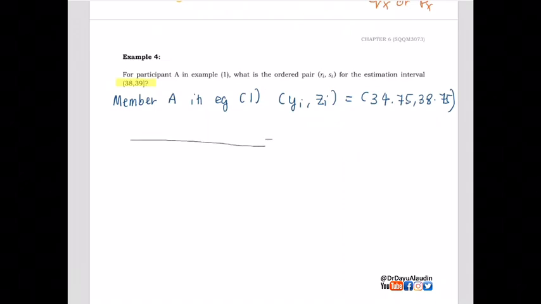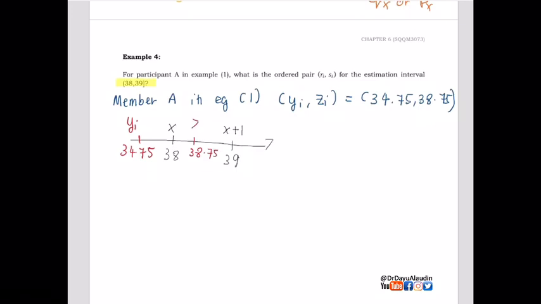So the interval estimate is 38.9. So we draw the timeline. The interval estimate is 38 and 39, x and x plus 1. So YI is 34.75, before the x, and ZI is after the x, in between the estimate.